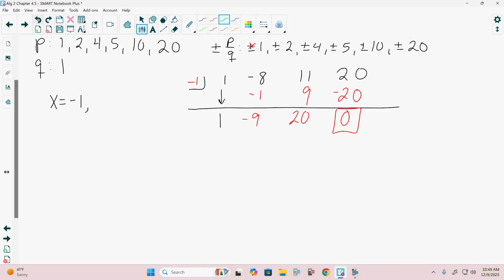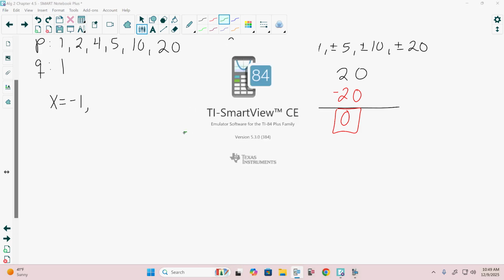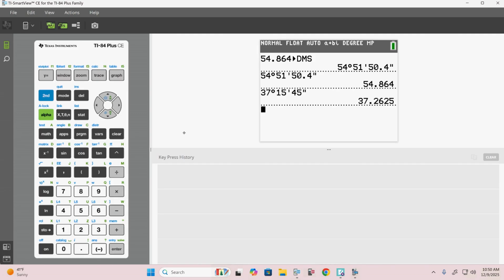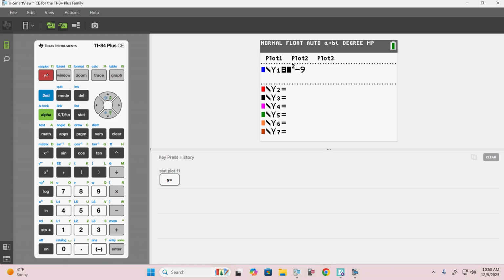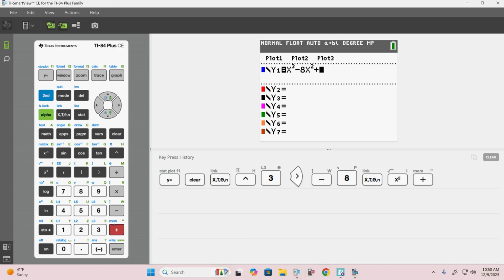Well, from there we can move on to, say, 2, negative 2, 4, negative 4, and do the rest of these. Or we can graph it. We can hit y equals x cubed minus 8x squared plus 11x plus 20.